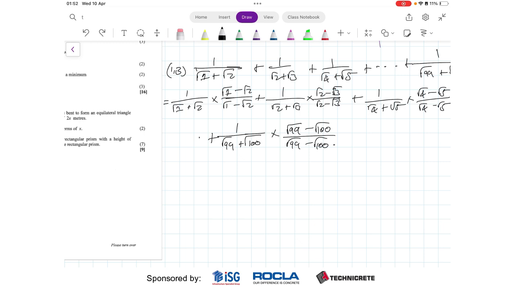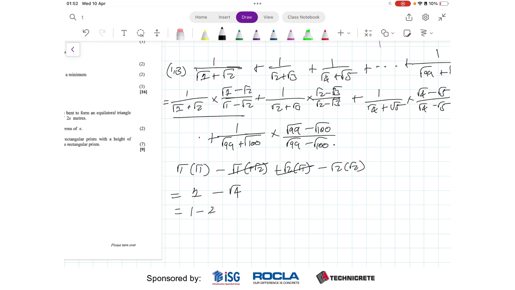So for the first one, you're going to have square root of 1 into square root of 1, minus square root of 2 into square root of 2, which is essentially 1 minus 2, right?